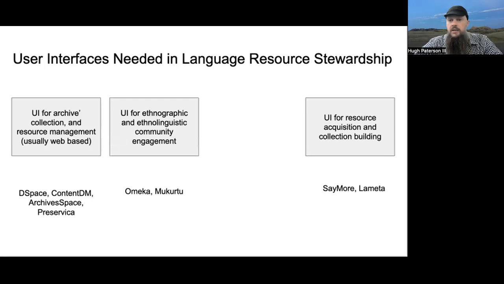And the third one: there's been a lot of discussion about language communities accessing resources. So we need user interfaces for ethnographic and ethnolinguistic community engagement. Those user interfaces may be different than other kinds of user interfaces that we see here. There are specialized content management systems that would communicate with DSpace or ContentDM, like Omeka and, let me say this correctly, Mukurtu.